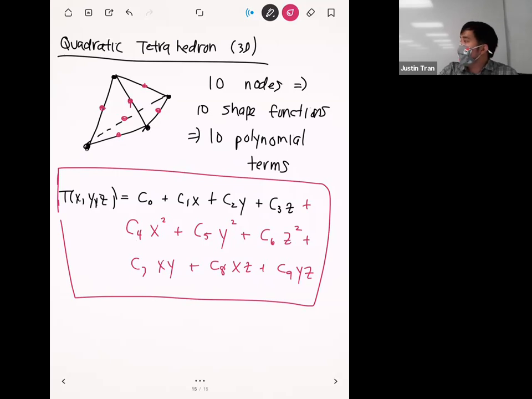And so we have a big jump here. We went from 4 nodes in the linear version up to 10 nodes in the quadratic one.